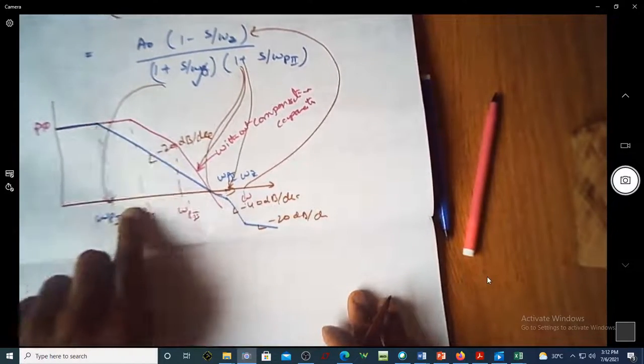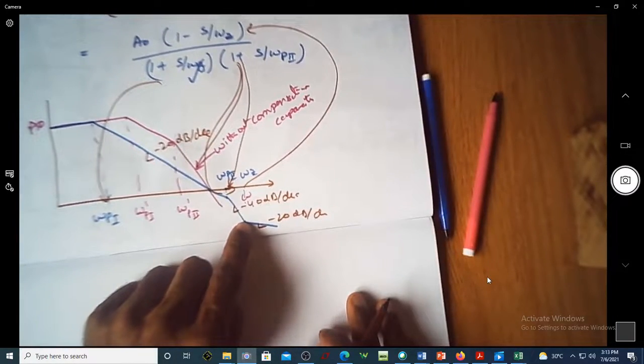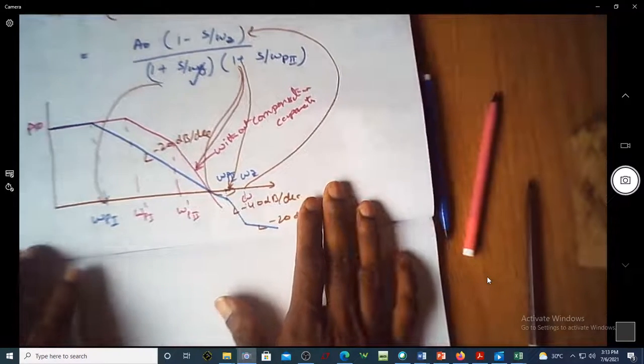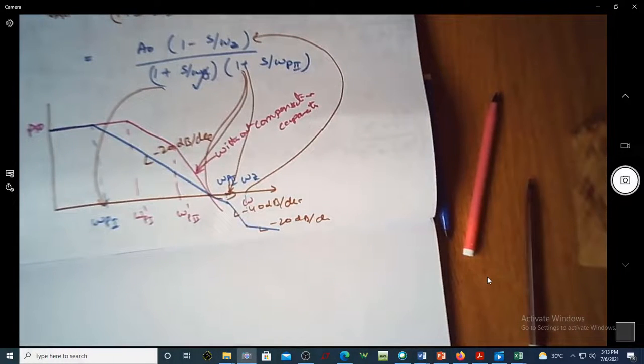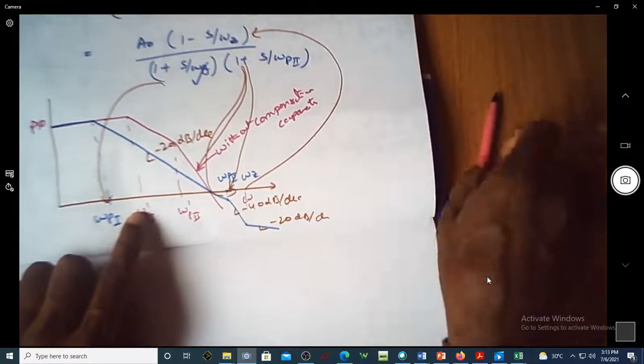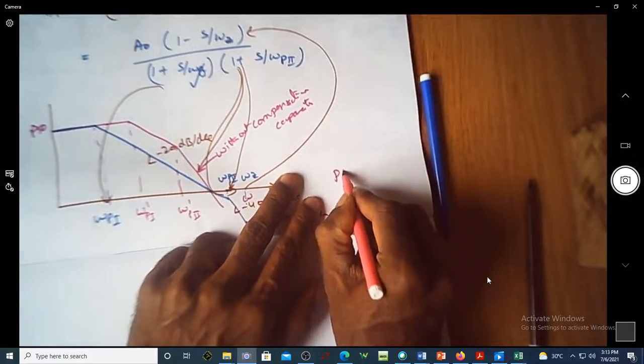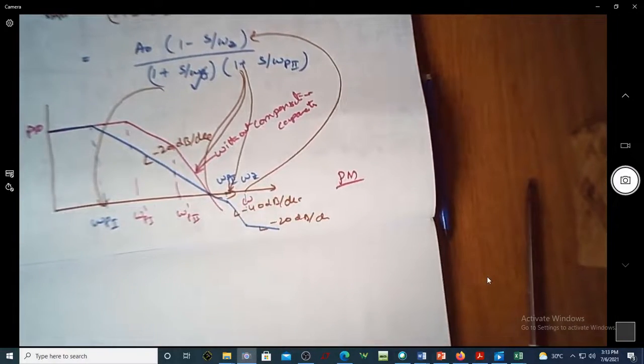So there is a first pole, a second pole, and a 0. The impact of this movement of poles will certainly improve the phase margin of the system.